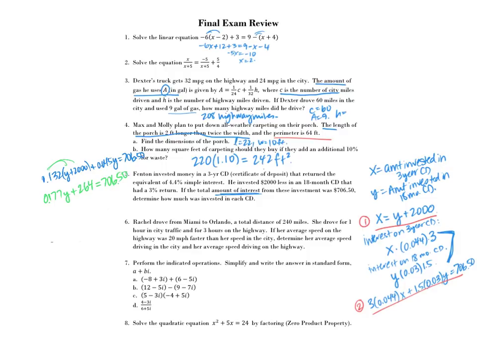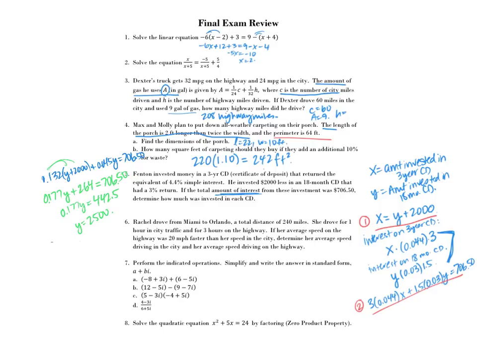Then I can subtract 706.50 minus 264, and I get 442.5. And then I can divide by 0.177. And I got 2,500.